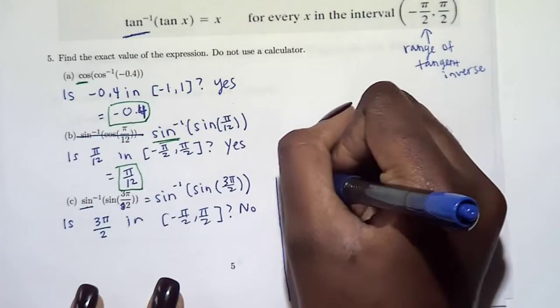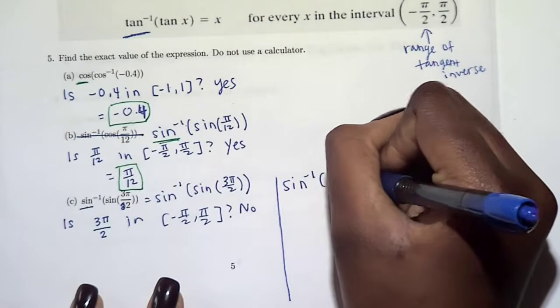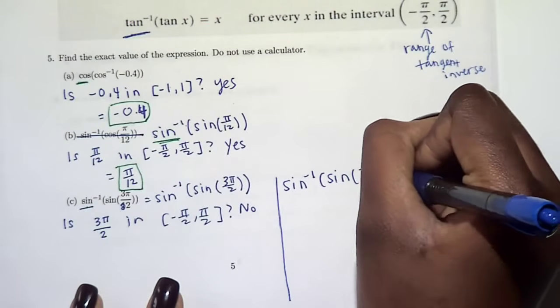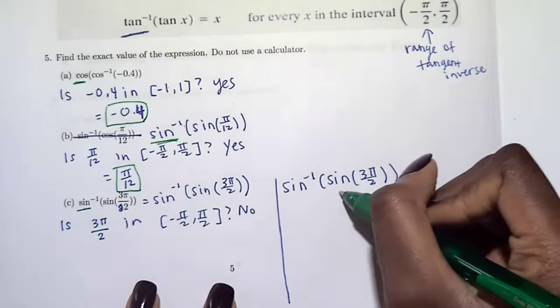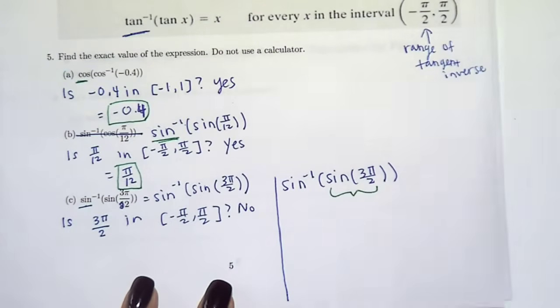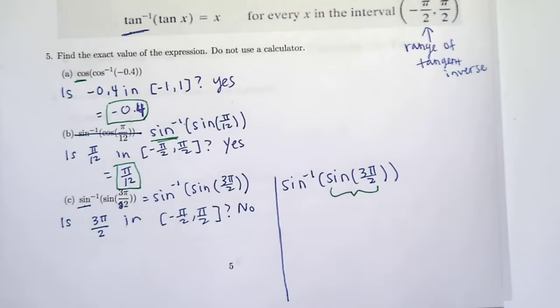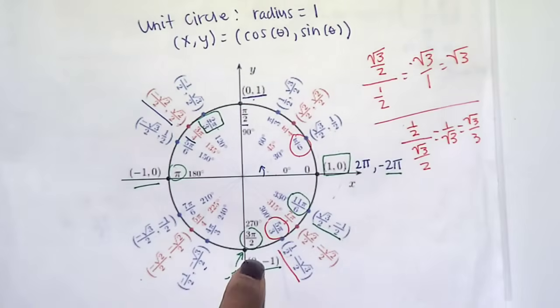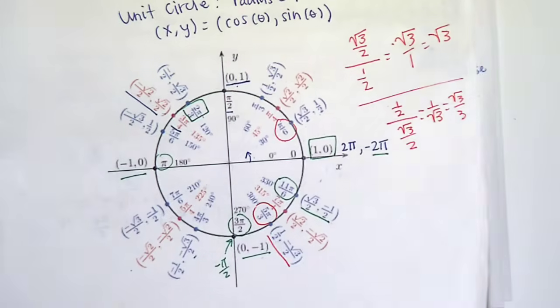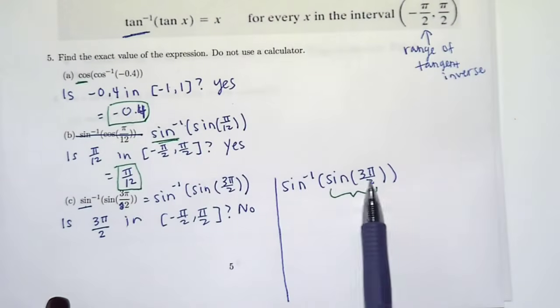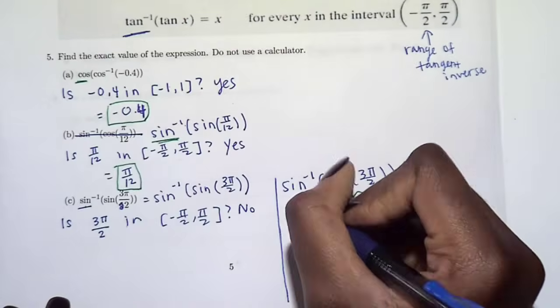We take sine inverse of sine 3 pi over 2. Remember, we have to figure out the inside first when we're doing composition of functions. So what is sine of 3 pi over 2? Well, here it is on our unit circle. Sine of 3 pi over 2 is -1. So that means we can replace sine of 3 pi over 2 with -1.